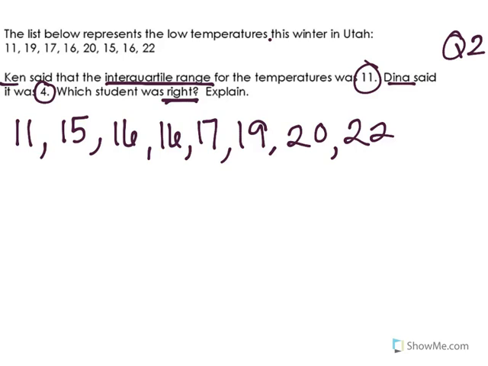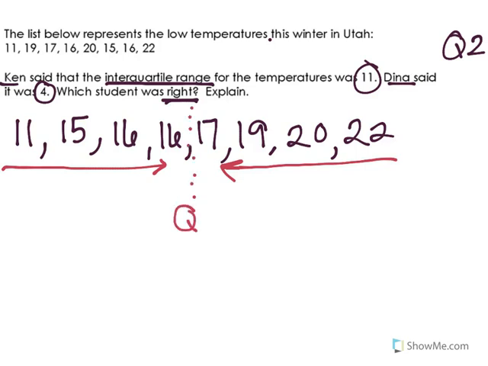Since there are 8 pieces of data, I know there needs to be 4 pieces of data on the left and 4 pieces of data on the right. Now I see that 16 and 17 are my two middle numbers. So quartile 2, my median, is going to be the average of 16 and 17.